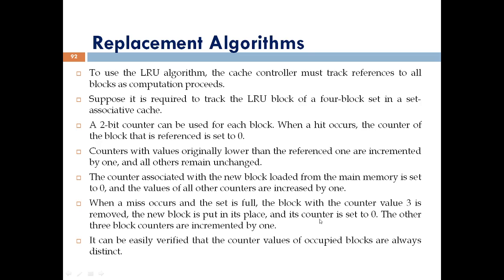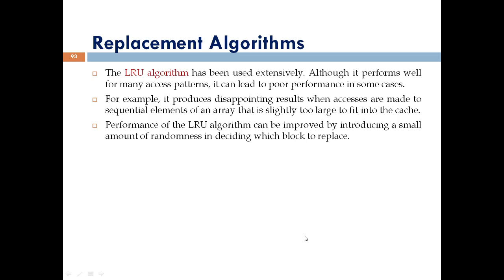So that block will be removed and the new block will be placed in that particular location. Then the other 3 block counters are incremented by 1. It can be easily verified that counter values of occupied blocks are always distinct.